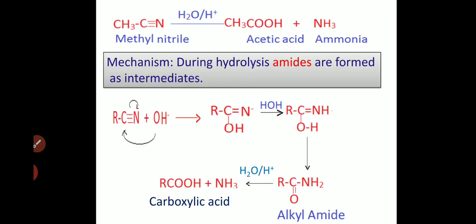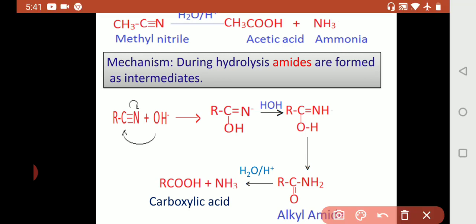So in this way we understand this mechanism, nitrile addition with OH minus. What are the conversions? OH comes onto carbon, minus comes onto nitrogen, and in presence of H2O, nitrogen captures this hydrogen to form NH.